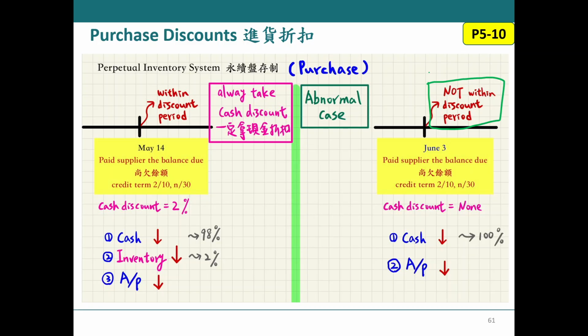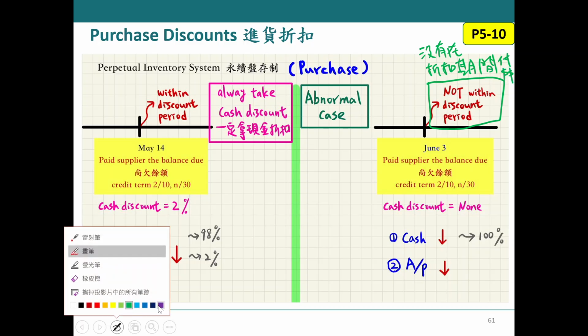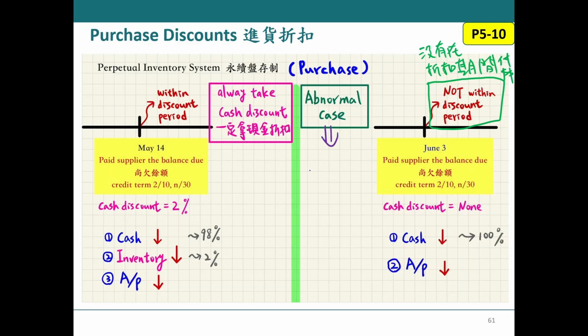So not within the discount period. 没有在折扣期间内付钱。Okay, so that's an abnormal case. So your company didn't get the cash discount.